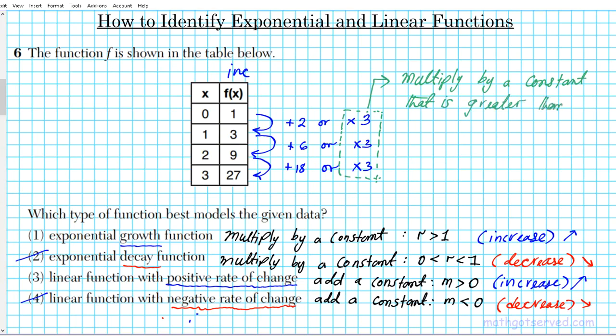Greater than 1. So you constantly multiply by that constant greater than 1. It tells you that it is an exponential growth function. So the answer to question number 6 is option 1.